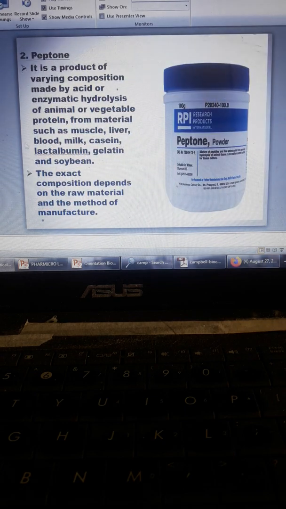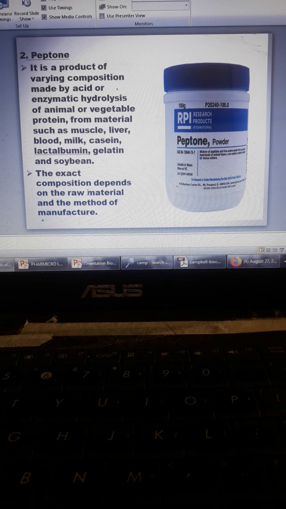Next, we have peptone. So it is a product of varying composition of enzymatic hydrolysis of animal or vegetable protein from materials such as muscles. Usually muscles contain a lot of proteins. Liver also. Blood, milk, more on fats. Casein, this is considered to be a protein. Lactalbumin, protein. Gelatin, and soybean. So mostly, ang peptone are composed of proteins.